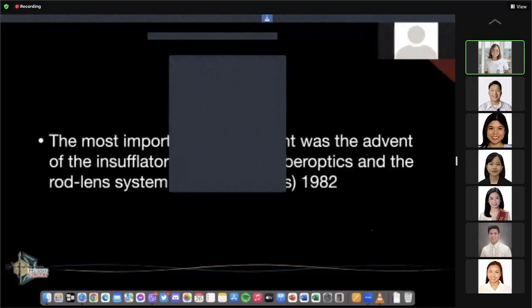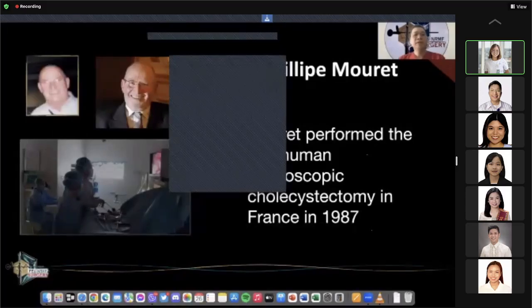The most important development was the introduction of the insufflator, the machine that pumps air or carbon dioxide into the peritoneal cavity. It creates a working space for the surgeon. This is Dr. Philip Mouret. He was the first to perform laparoscopic cholecystectomy in humans, in 1987.